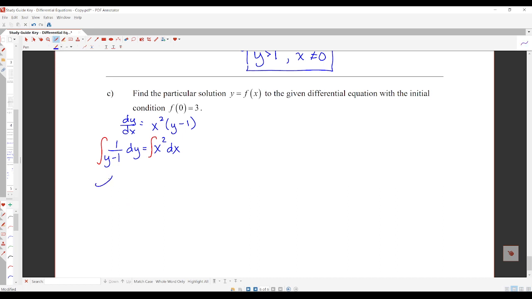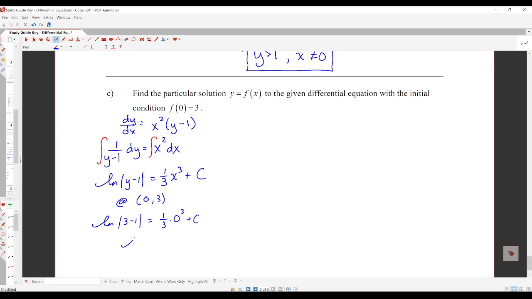And so the integral is going to be the ln of the absolute value of y minus 1 equals, it's going to be x squared over 3. I'm just going to write that as 1/3 x cubed plus c. At the point 0, 3, we get the ln of 3 minus 1, absolute value, equals 1/3 times 0 cubed plus c.